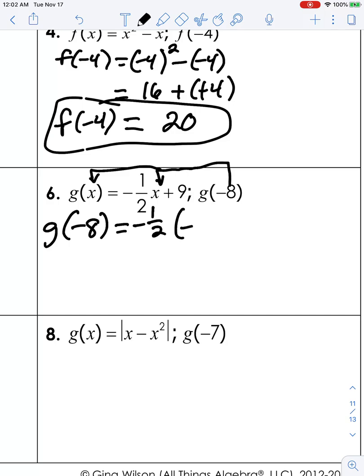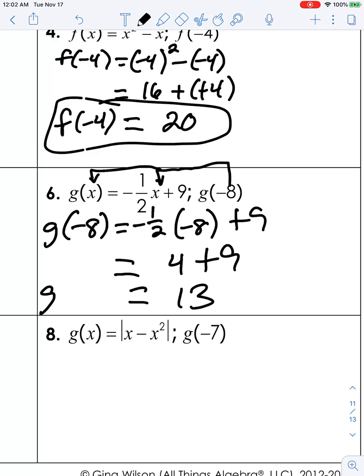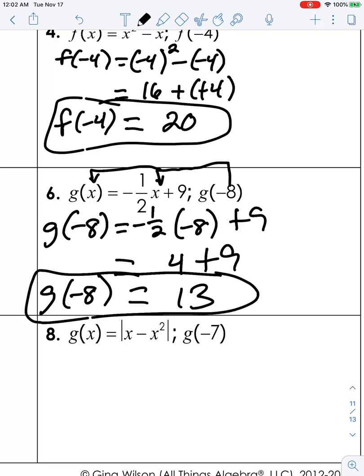So -1/2, put in the -8, plus 9. So remember, all your math is on the right side. So -1/2 times -8 is +4. And then obviously your answer is 13. So when you plug in -8 for x, your answer is 13.